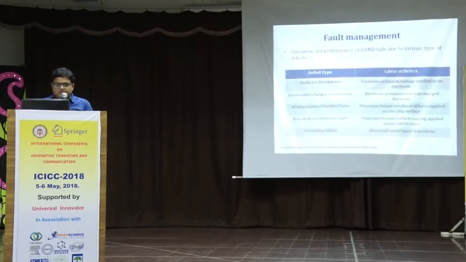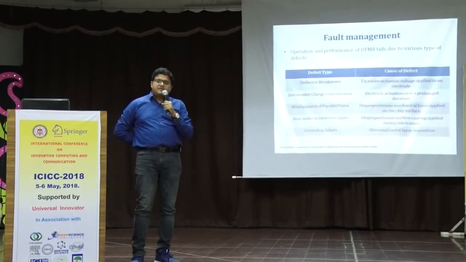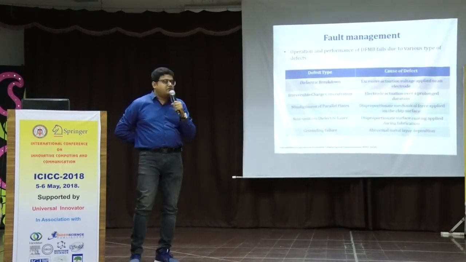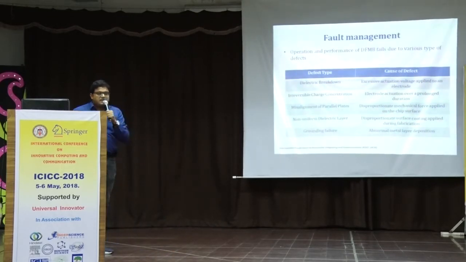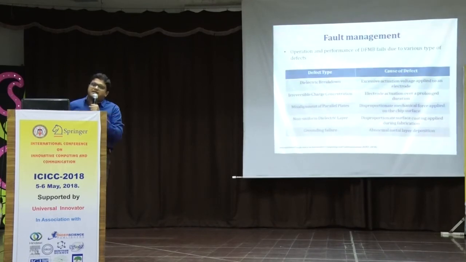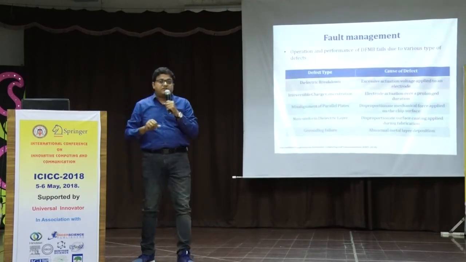design automation. Now coming to the last section of this lecture, that is fault management. If you look into the reasons for faults occurring in the biochip, they can be classified into these 5 different categories. The first one is the dielectric failure, which occurs due to excessive actuation voltage applied to any particular electrode. This excessive actuation voltage can result from 2 different reasons.